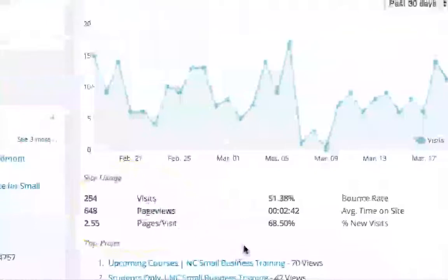And out of those, it says here 68% are new visits. Right. Now, you need to understand how that number is actually come up with.